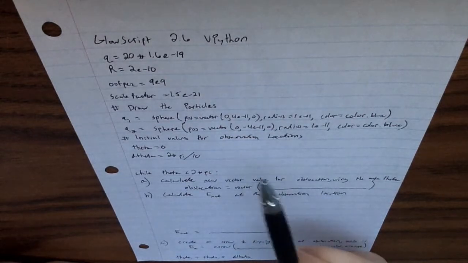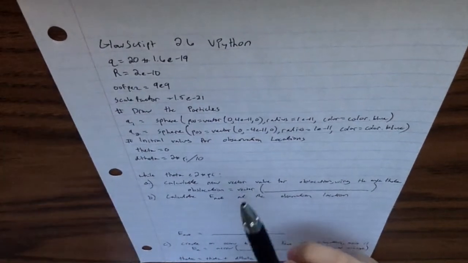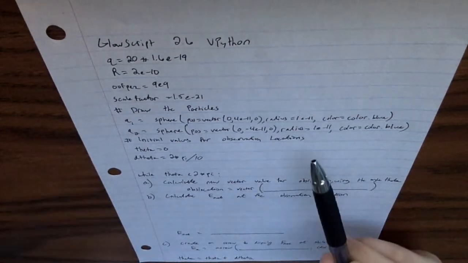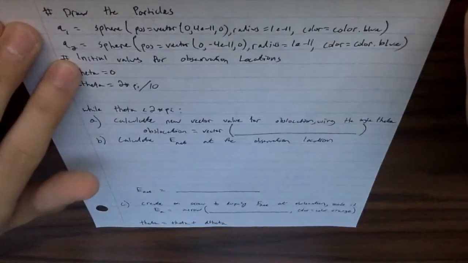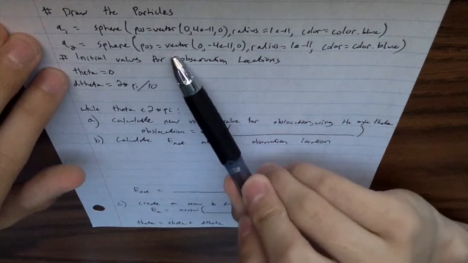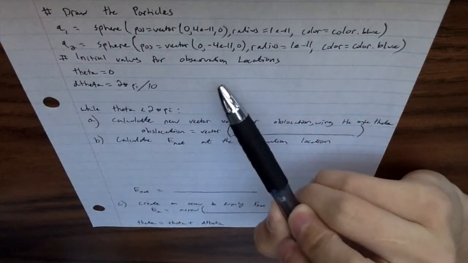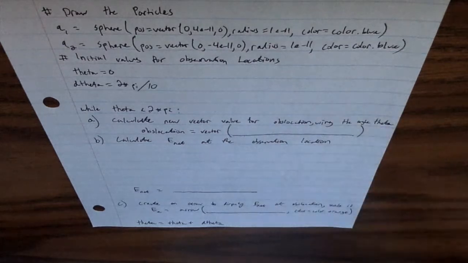One is at position 0, 4 e negative 11, 0, and has a radius of 1 e negative 11, and the color is blue. Next is Q2, which is at 0, negative 4 e negative 11, 0, with the same radius and same color.